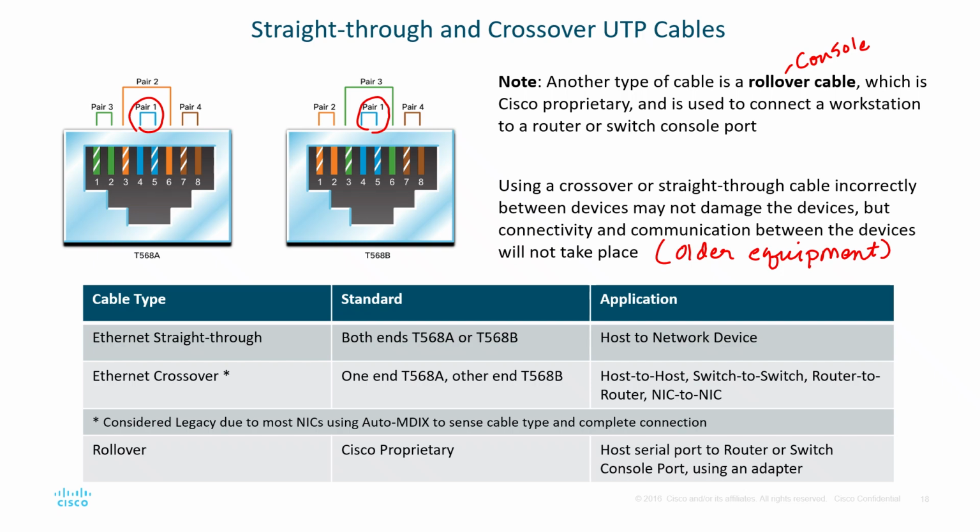In 568A, it is 3 and 6, that are going to pair or cross over with 1 and 2. Next, you have pair 3, which is 1 and 2, that are going to cross over with 3 and 6.